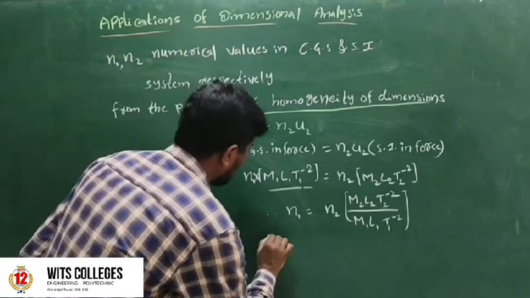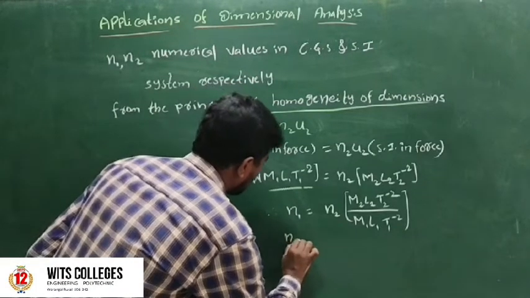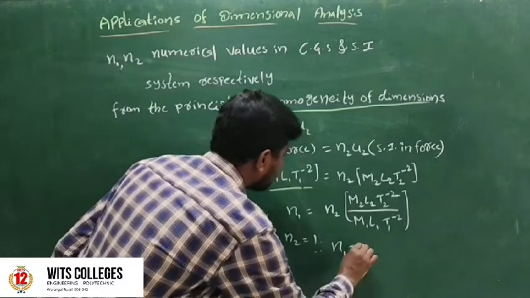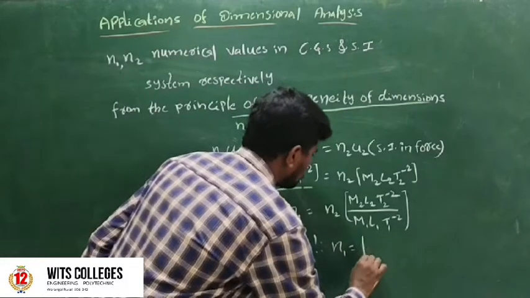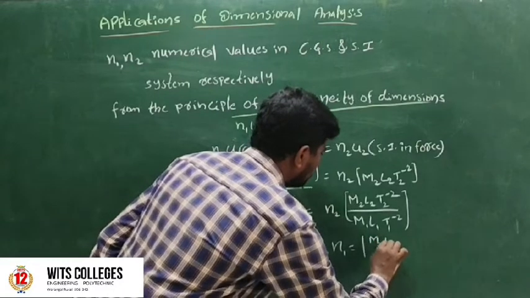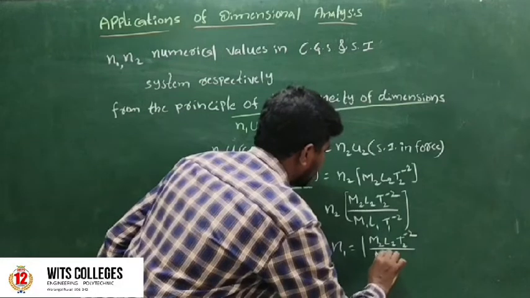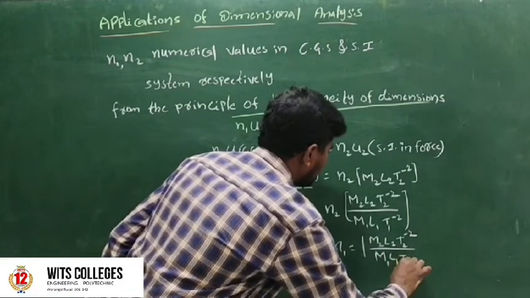If we assume N2 is equal to 1, then N1 equals M2 L2 T2 to the power of minus 2 by M1 L1 T1 to the power of minus 2.